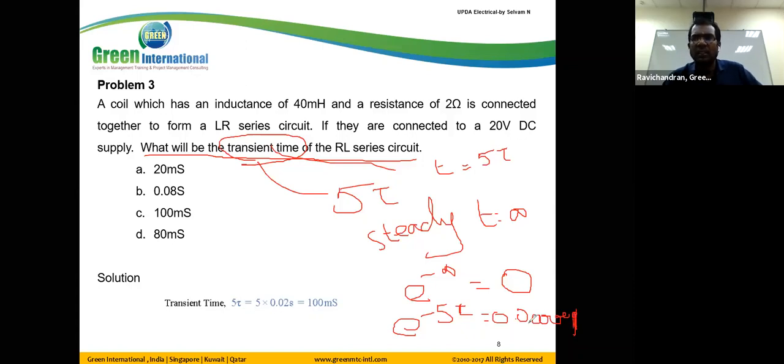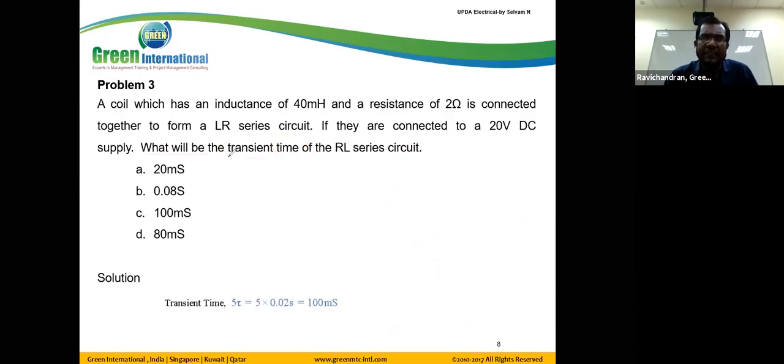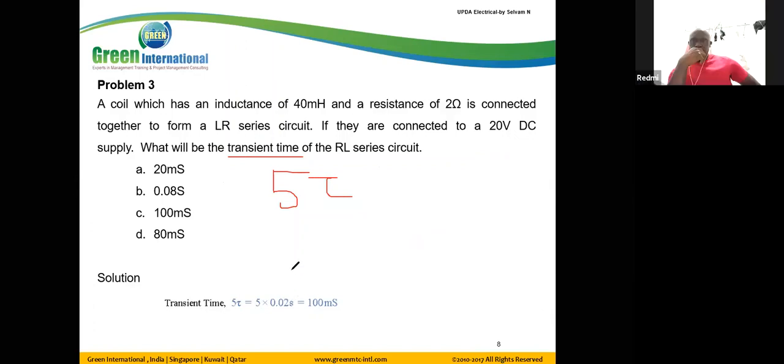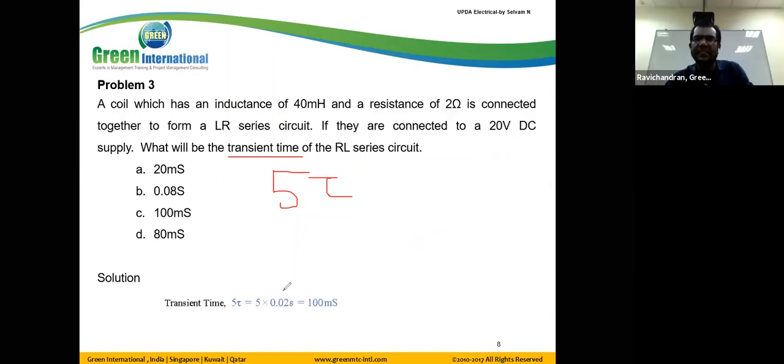So apart from this, here they ask the transient time. Formula is 5 tau. So 5 into 0.02. Already we found that tau in the previous part. That's why I take the answer directly.